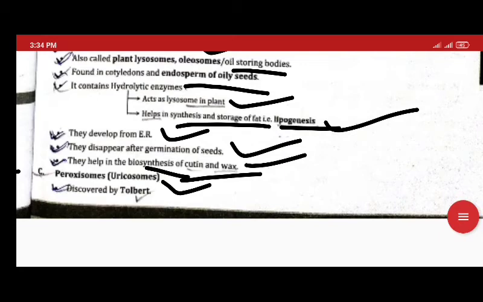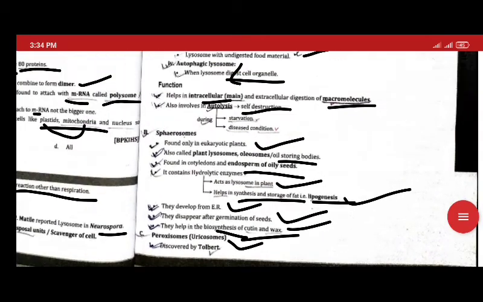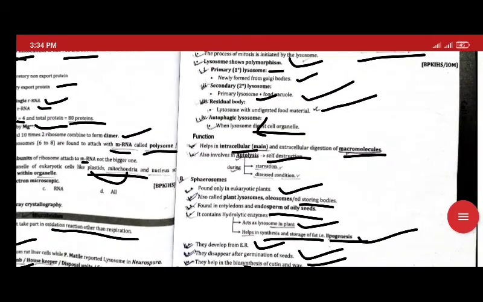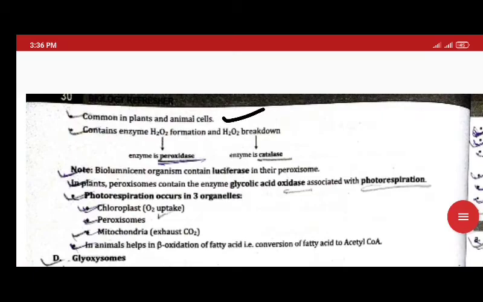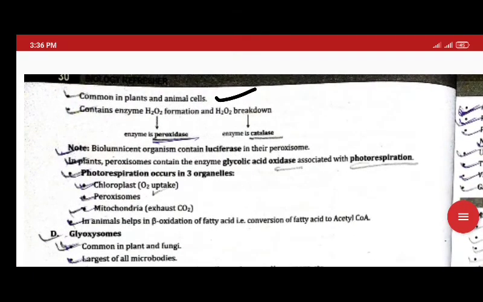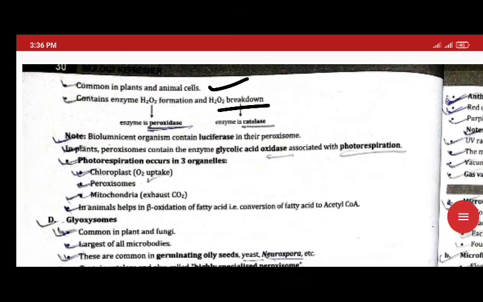Now the third type is the peroxisome. This is not much important, because peroxisomes occur in both plants and animals and are used in photorespiration. We have 4 or 5 types of microbodies. Continuing with peroxisomes, they are in both plants and animals, for breakdown enzymes.